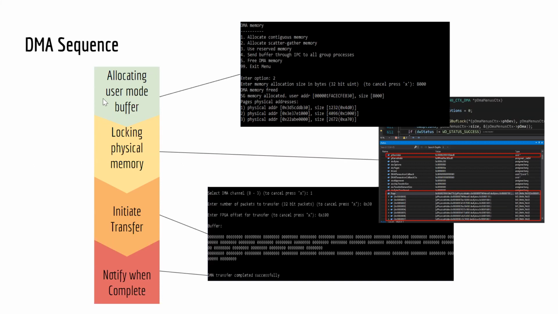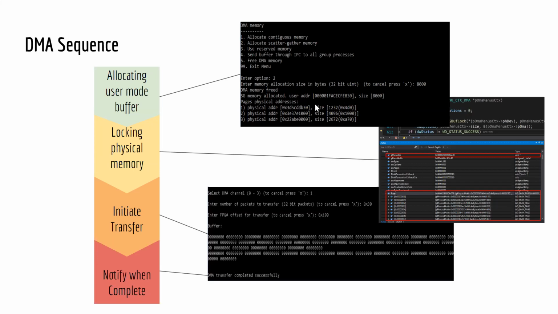The first thing to do is to allocate the user mode buffer. We need to allocate the memory, and you can see that it can be done using the XDMA sample or your XDMA code.